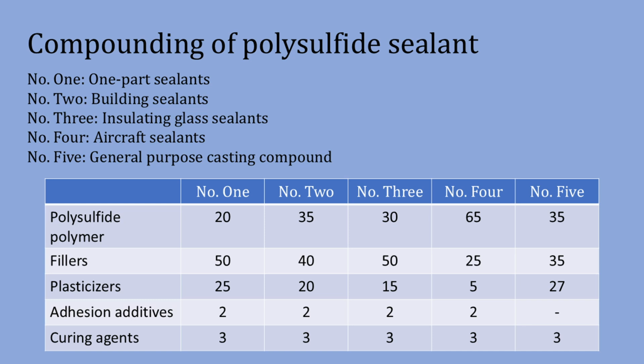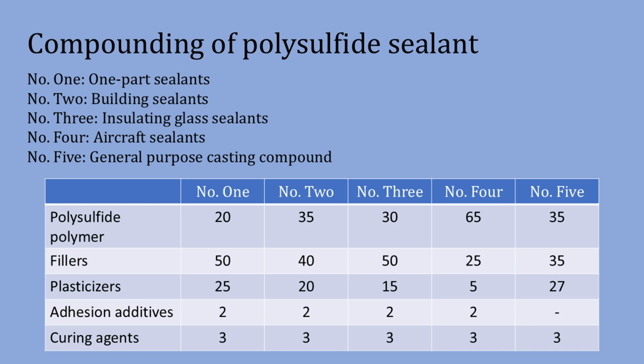They are user-friendly with low drippage during application and offer excellent adhesion to both similar and dissimilar substrates. The table here presents 5 different polysulfide-based compounds tailored for various industry needs.